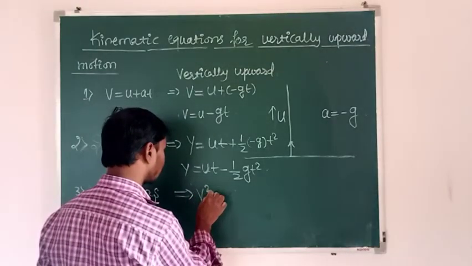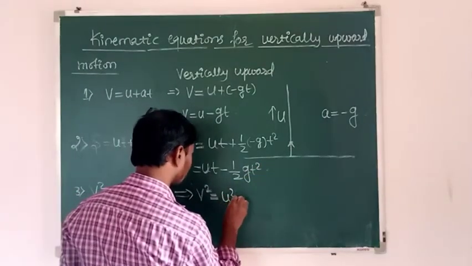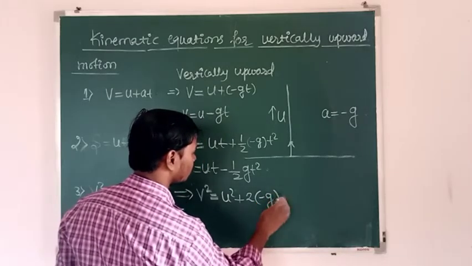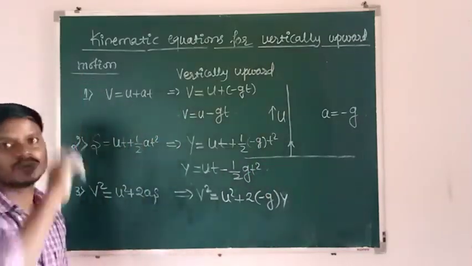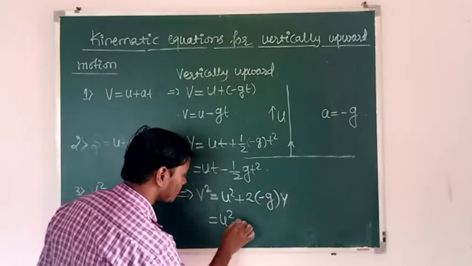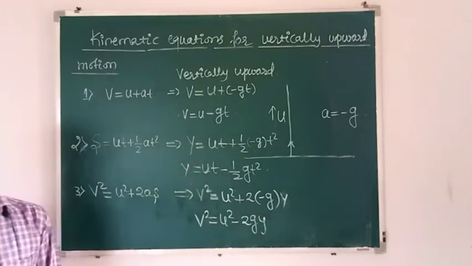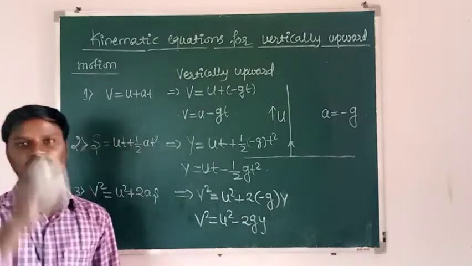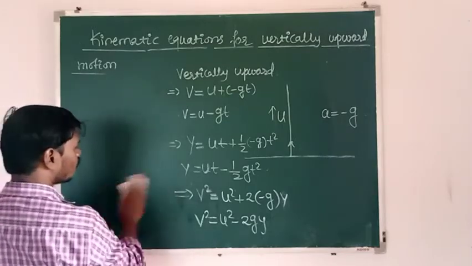V square is equal to U square plus 2 into minus G into Y. That can be written with Y as the vertical distance traveled by the body in the upward direction. Then U square plus minus 2 into G into Y. Then it is the third kinematic equation. And one more, that is the distance traveled by the body in the nth second in the upward direction. One more, that is the fourth one.